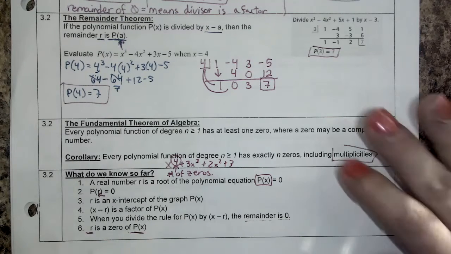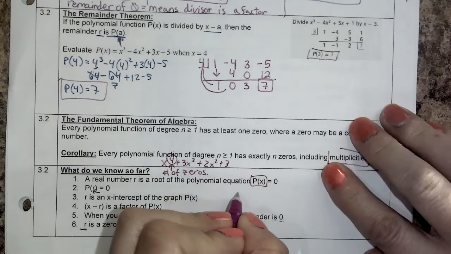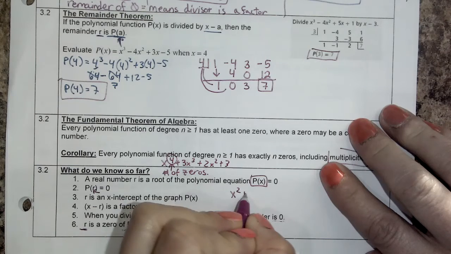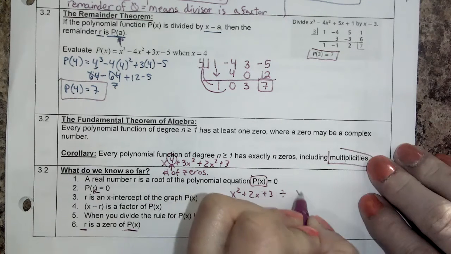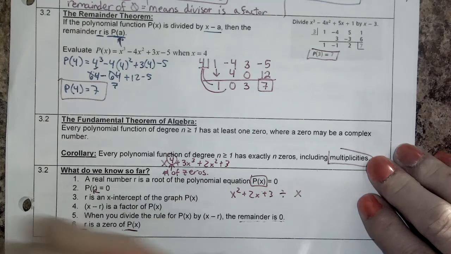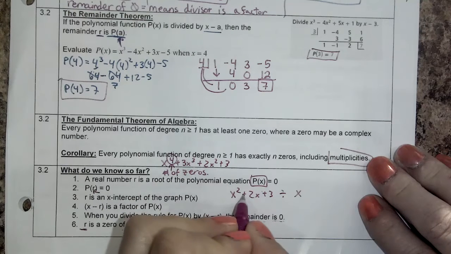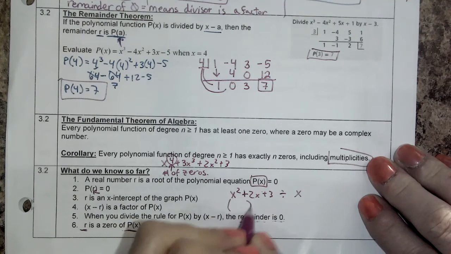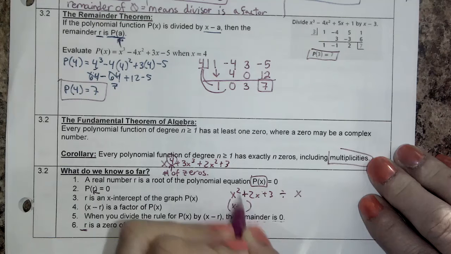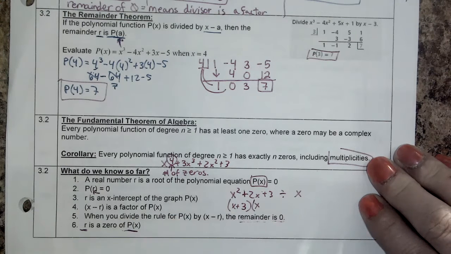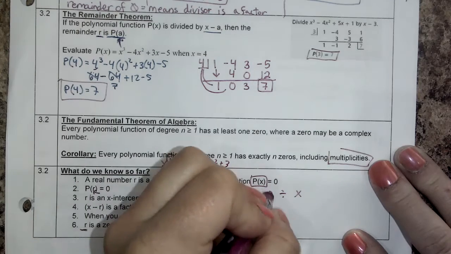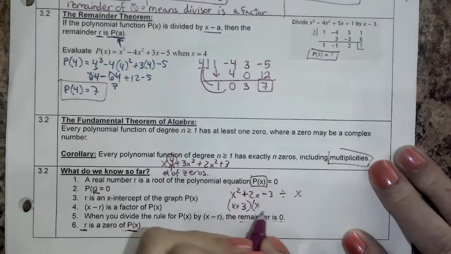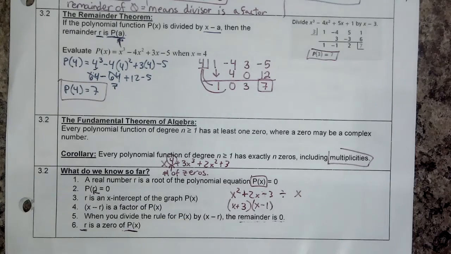Okay, so all it's saying is that if I have some function and I divide by, let's see, if I factor this thing, I'm going to get x plus 3 and x minus 1. Okay.